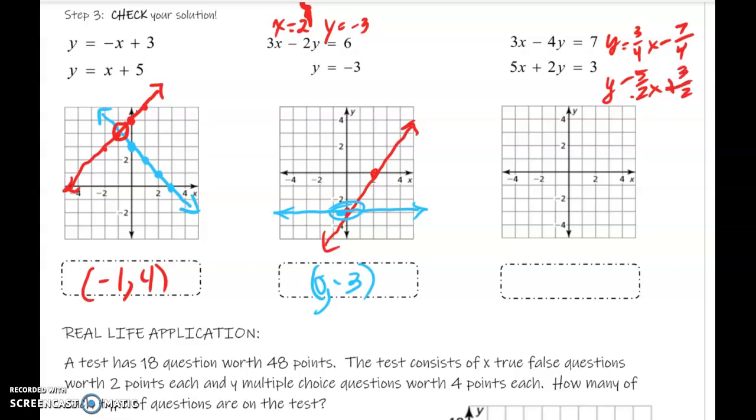Okay, so what you might notice here is that this one is very messy and not an easy equation to plot by hand because you have fractions for your slope and for your y-intercept. So this is one that I would recommend going to your graphing calculator on. So I'm going to pause this for a second and try to pull up your graphing calculator.